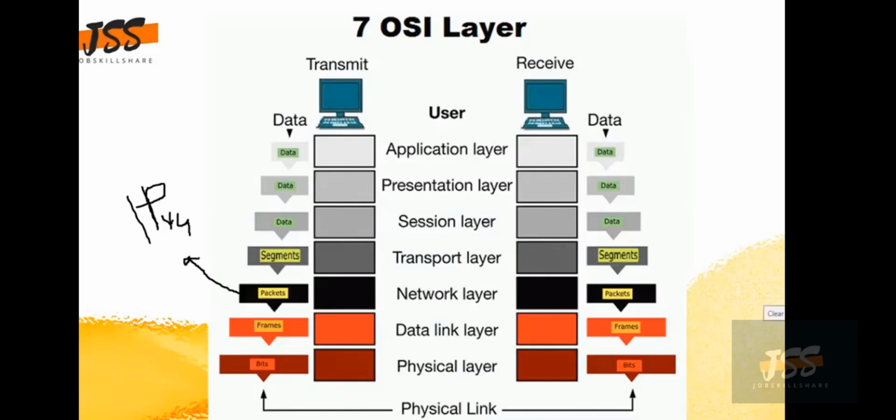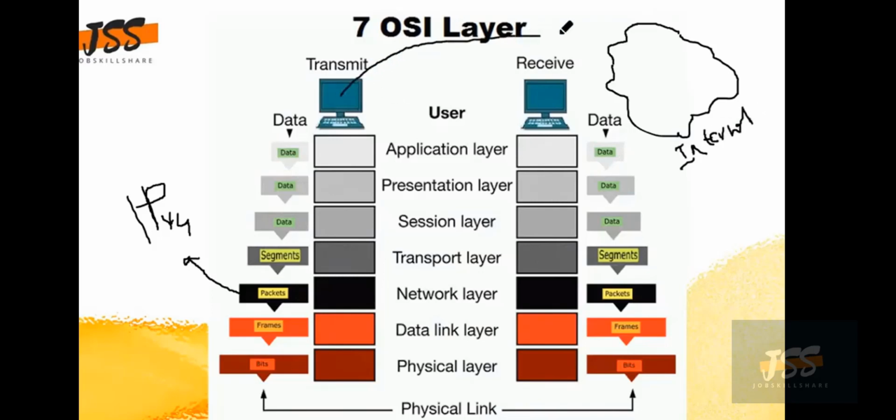Let me give you an analogy. Let's suppose we have the cloud, which is the internet. Here we have one sender machine connected to this, and the receiver is connected to this. Now, the user typed www.google.com. It went through the application, presentation, session, and transport layers.